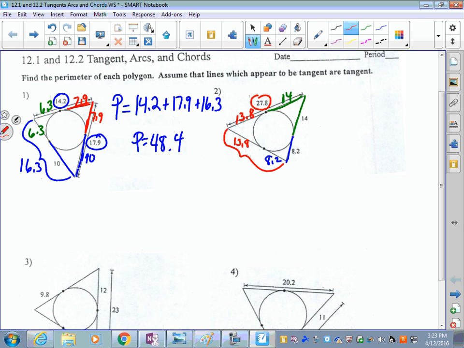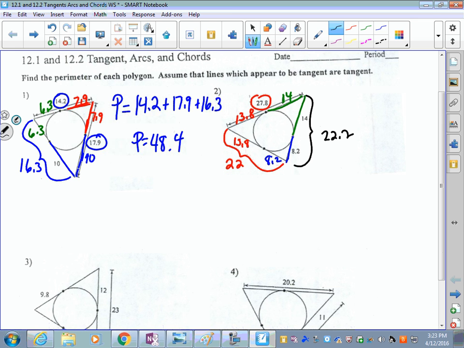We should get a whole number. 22. Yeah, 22. And then we should get the whole side here. 22.2. And now, how do I know this is a whole number? You should get a whole number for this side.